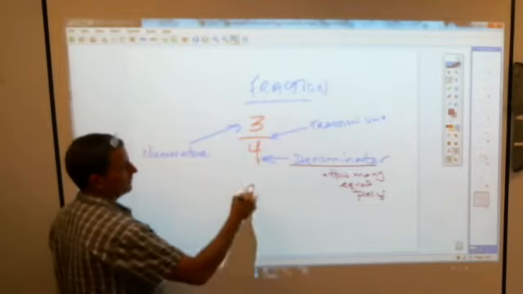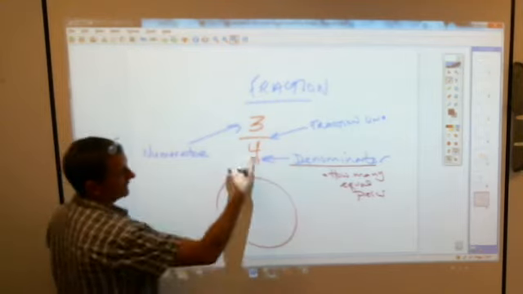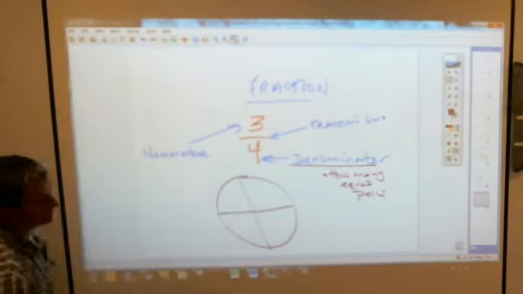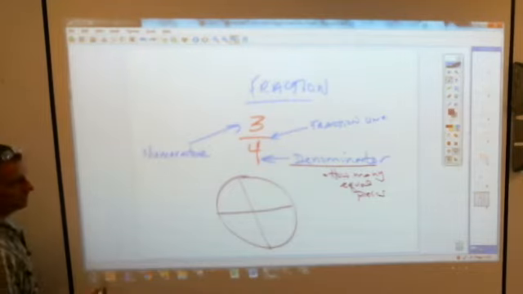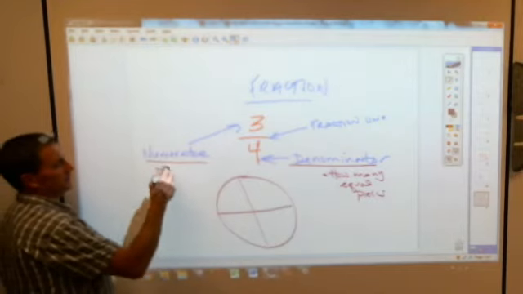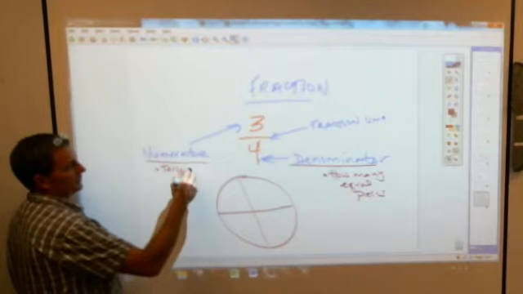For example, if we're talking about the fraction 3/4, we've got our circle, we are cutting it into 4 equal pieces. The top number, the numerator, tells you how many of those equal pieces you want, have, or are doing something with.